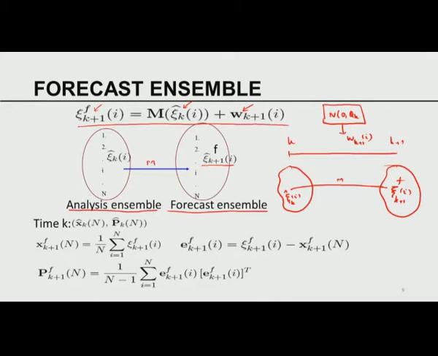In the standard nonlinear filter or the Kalman filter, there is only one mean and one covariance. I am going to update the mean and update the covariance. Updating the mean is not expensive, but updating the covariance is very expensive. Let me remind you, in the classical Kalman filter, P_{k+1}^f is equal to M times P_k hat times M transpose plus Q_{k+1}.